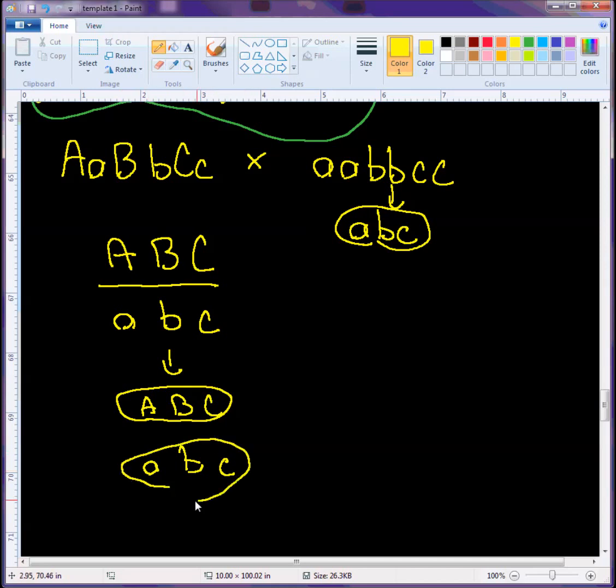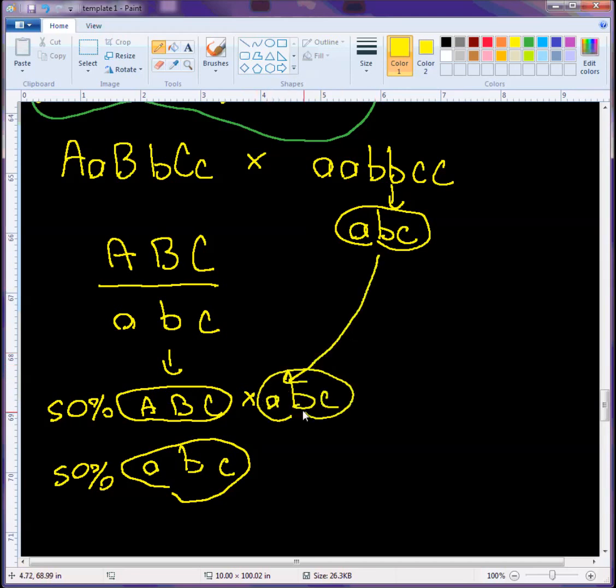And before, we had 8 types of gametes, right? And they were all found at a 12.5% frequency. Here, we only have 2 types, so out of 100%, 50% are going to be this genotype, 50% are going to be that genotype. And so we can combine these with this gamete from the other parent.